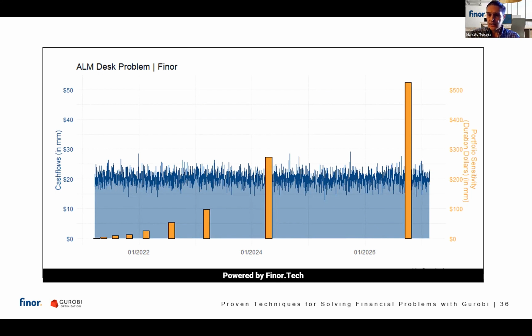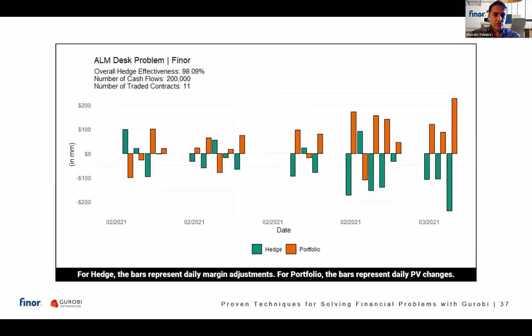And now we show the results. We picked a real time period, and we ran this solution to see how the hedge would perform. You can see in green the money you would get paid or have to pay in terms of daily margin on the futures exchange.